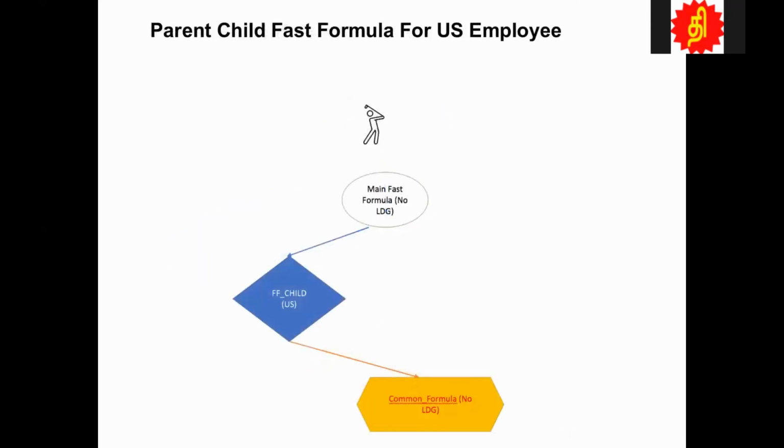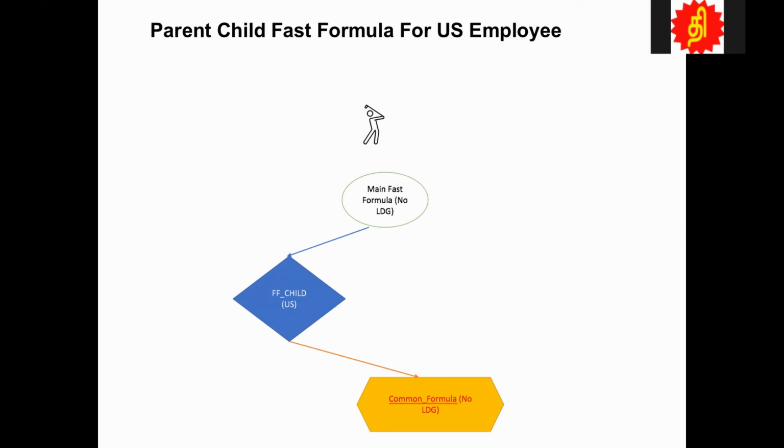Now, how does it work? When a US employee is processed, the US employees cannot see the child formula from UK or India. It's not accessible. It doesn't exist for them.